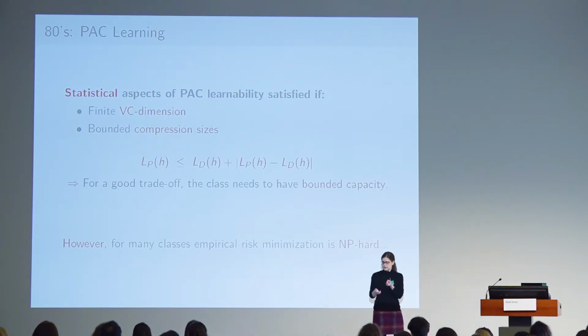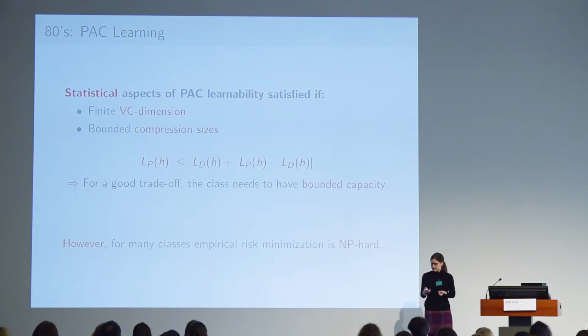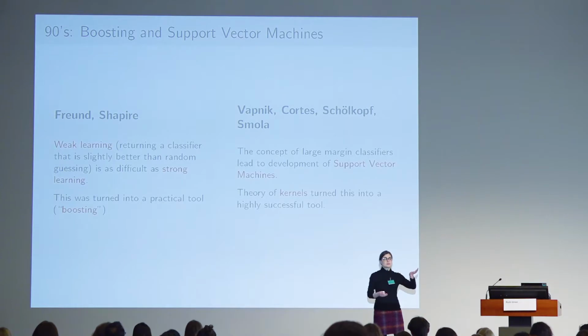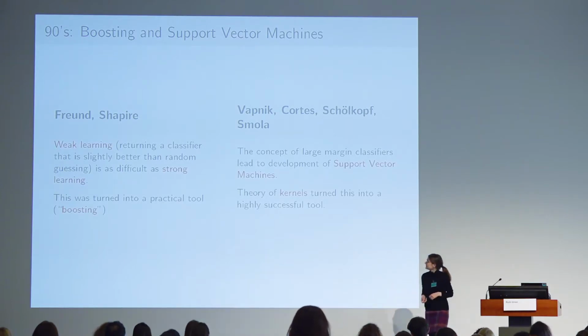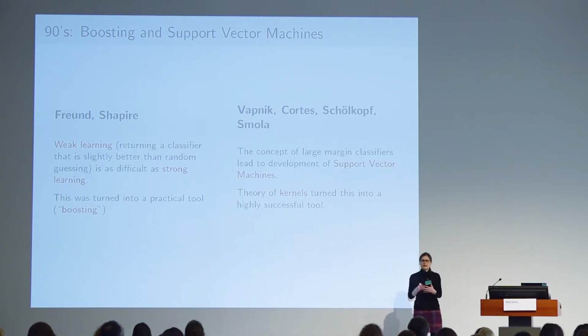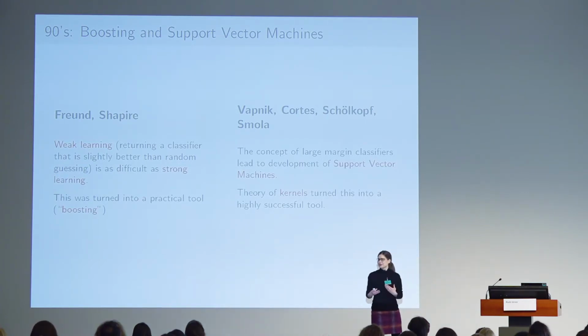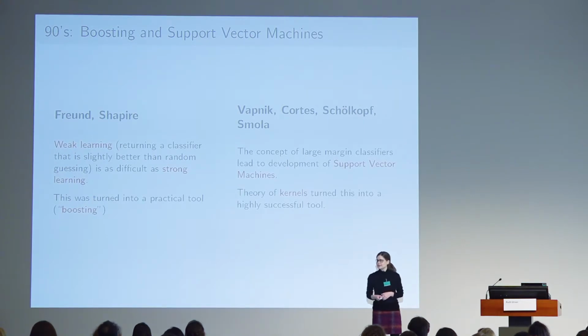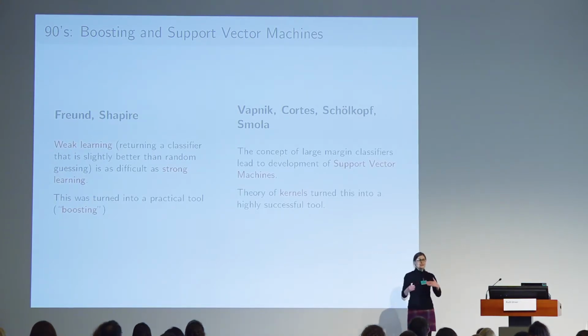So what was developed here is the connection between large margins and convex loss functions, and that then leads to what we know as support vector machines. And then, of course, the theory of kernels turned this into a generally successful tool that goes beyond learning just linear classifiers. So both boosting and support vector machines really started being practical methods in the 90s.